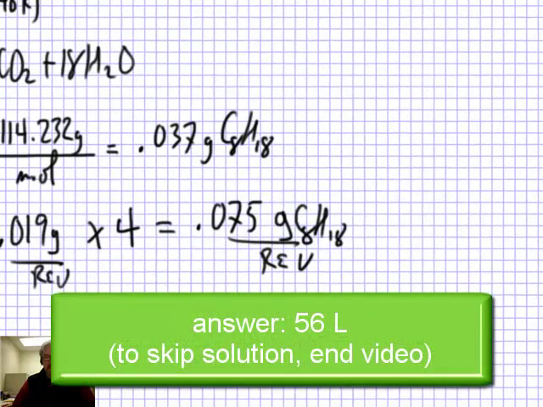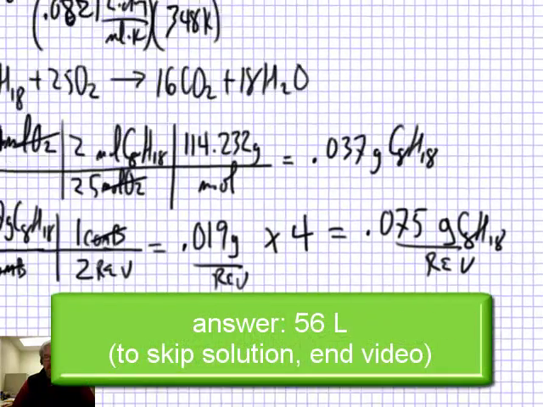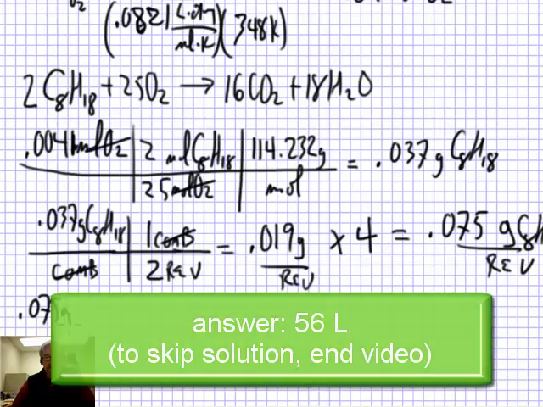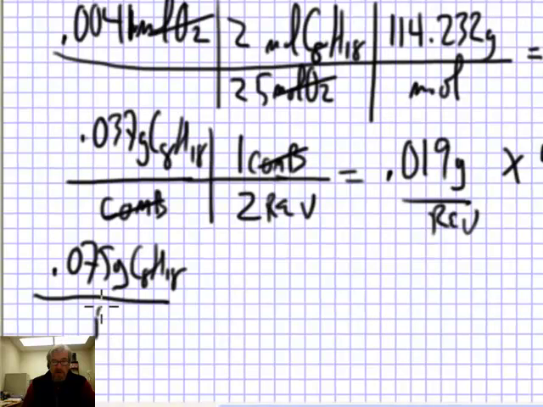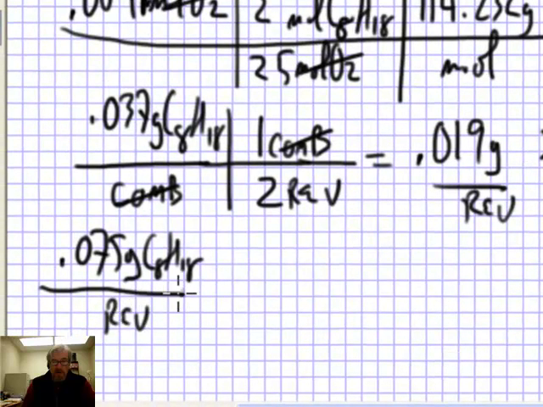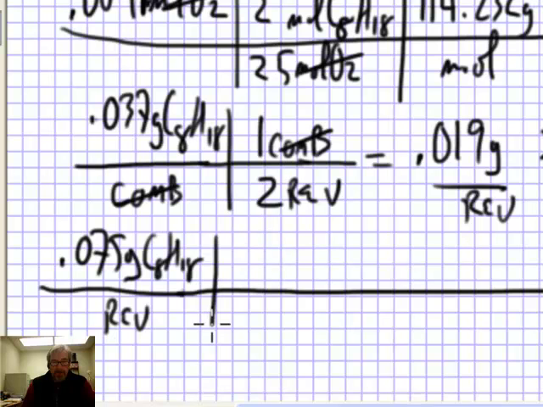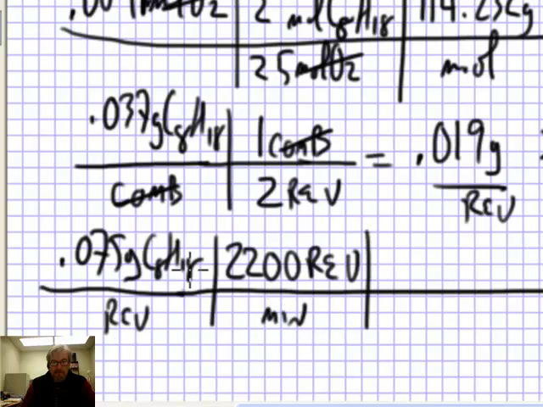Let's build on this, and again I'm going to use dimensional analysis. 0.075 grams of octane per revolution. And I know that I'm going to do 2,200 revolutions per minute. So that tells me how many grams are going to get burnt per minute. And I'm going to do this for 4 hours.